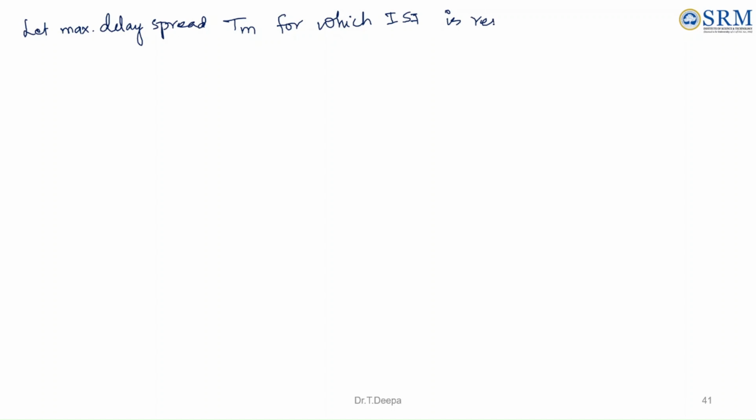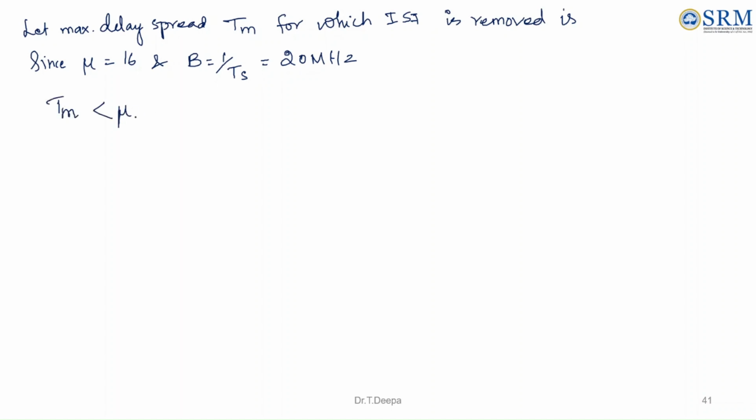Since the cyclic prefix length is 16 and the bandwidth is 1 by Ts, that is 20 megahertz, the delay spread TM must be less than the cyclic prefix length, mu, times Ts.